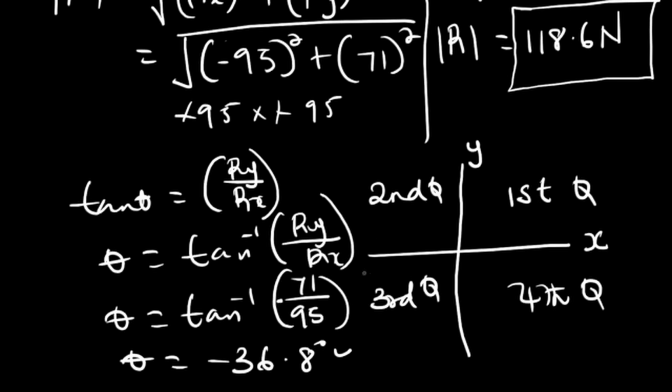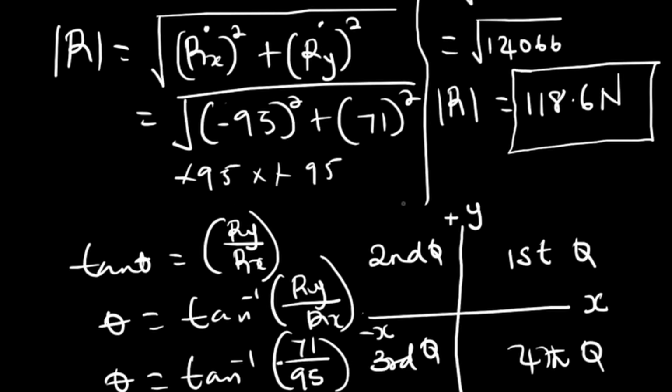Now, for the second quadrant, the x-axis is negative, but the y is positive. Now, if the y component of your resultant vector, or of any vector, is a plus and the x is a minus, it means that the angle will fall in the second quadrant. I hope you understand how this works now.